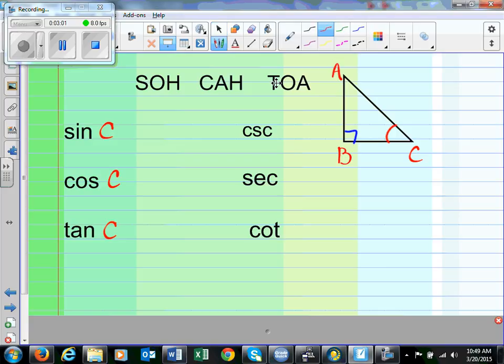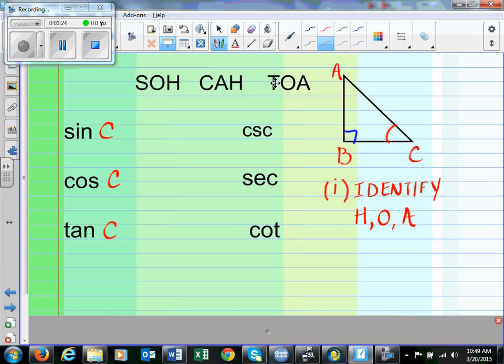But the first step is, given any triangle, you're going to identify the hypotenuse, the opposite side, and the adjacent side with respect to the reference angle.